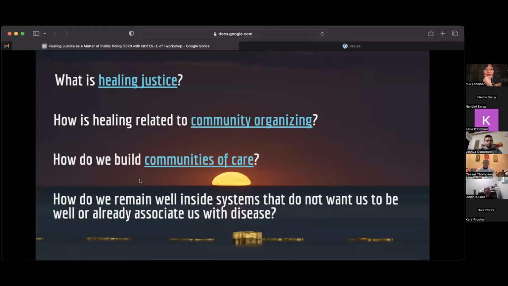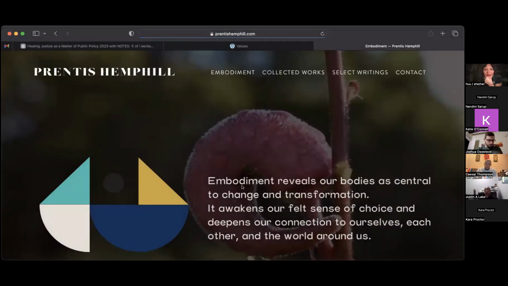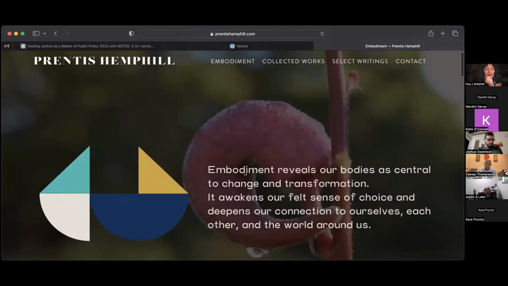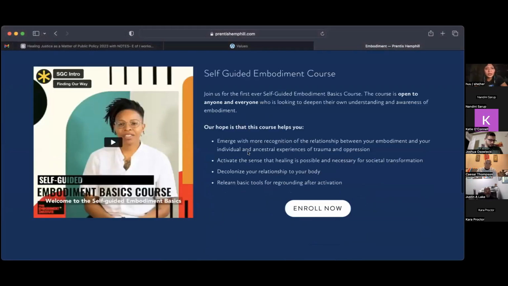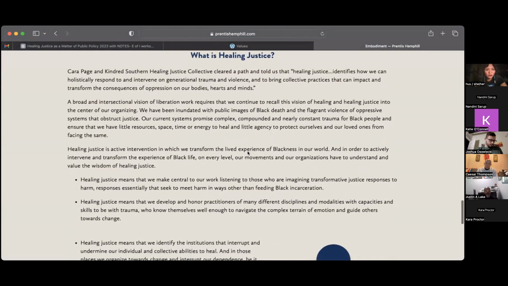And then the other questions, around how is healing related to community organizing? I think I sort of laid out that framework a little bit, given the history and the context of healing justice. And what you'll find here, and actually I'm going to go here as well to Prentice Hemphill, another amazing Black queer organizer who I'm learning so much from.